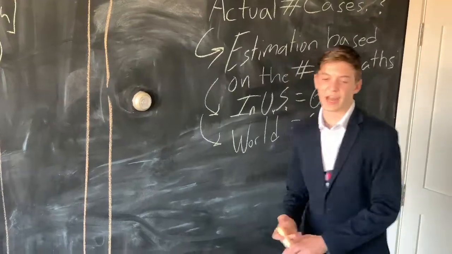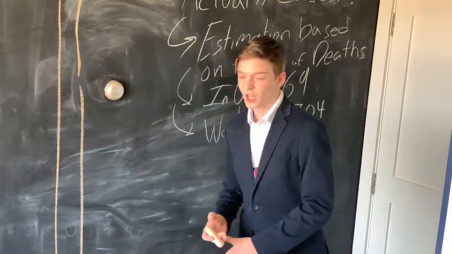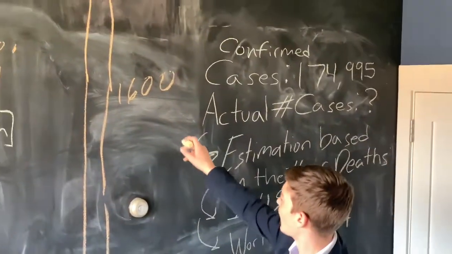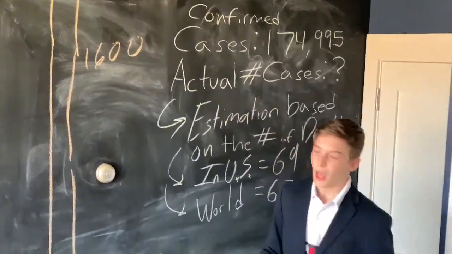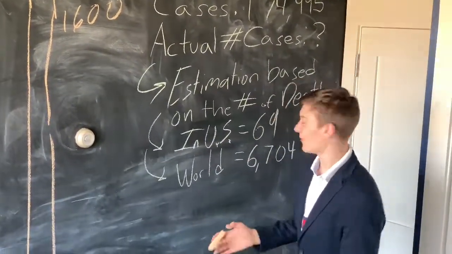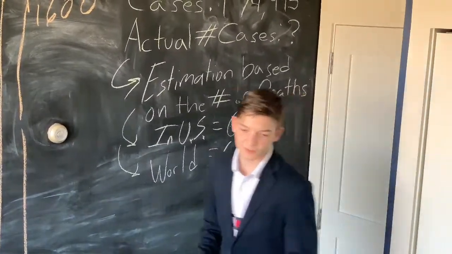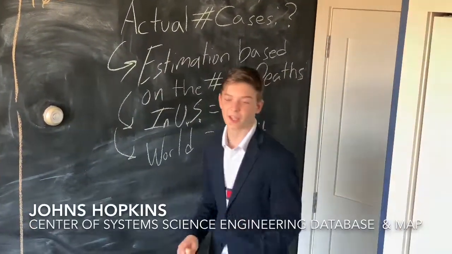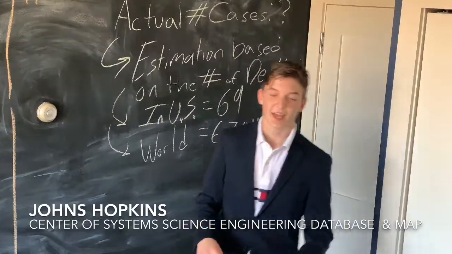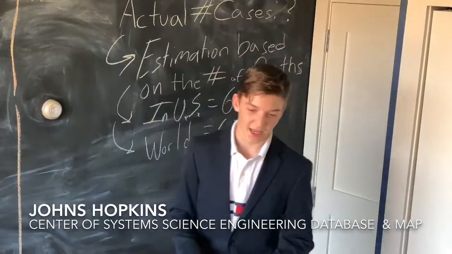However, this only got me to thinking. If this is only one death, 1,600, how many people do we actually have infected in the US that has 69 deaths? So I went on to the Johns Hopkins Center for Systems Science and Engineering database and map.